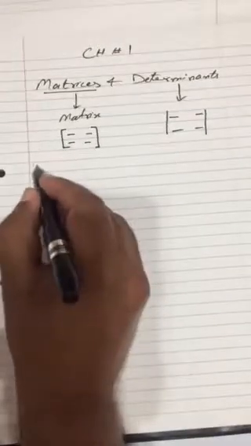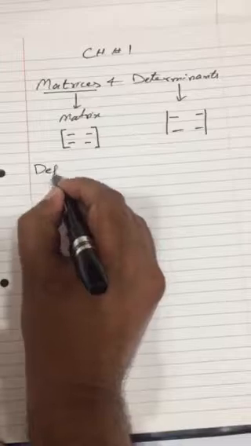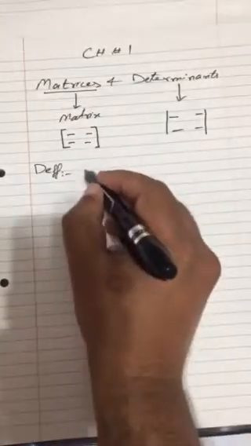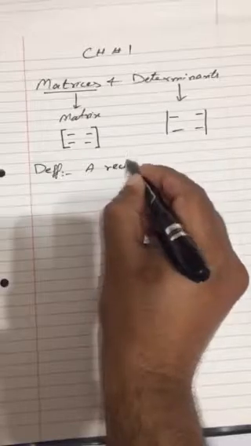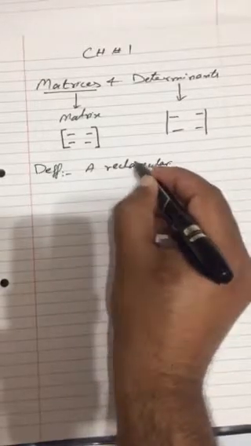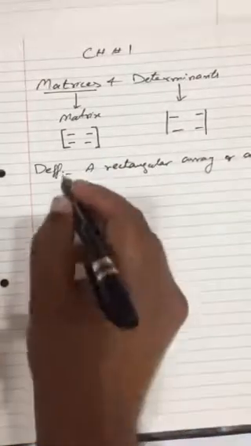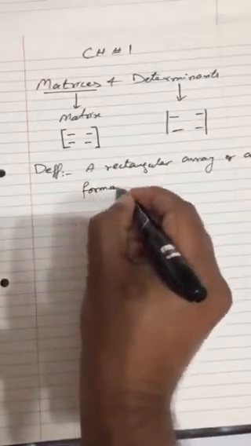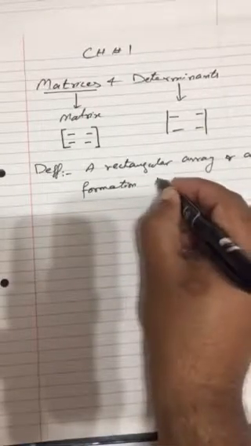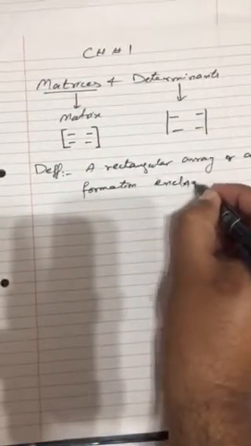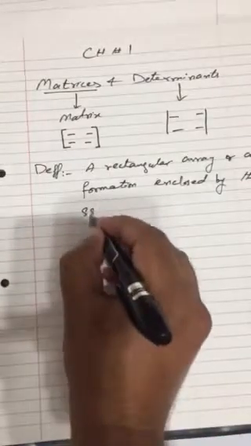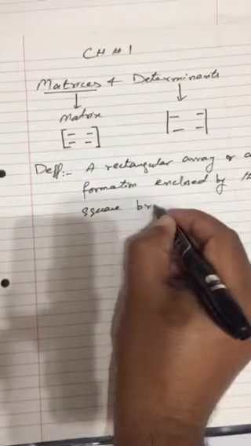What is the definition of matrices? Let me write the definition. A rectangular array or a formation enclosed by the square brackets.